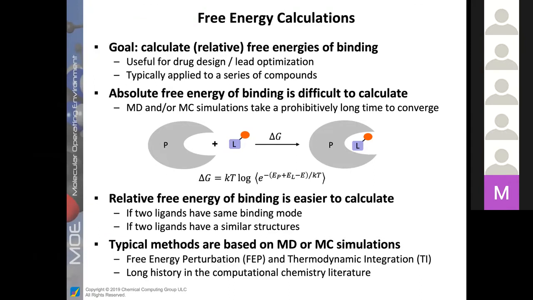Absolute free energy of binding, we heard that multiple times today, we cannot achieve other than going to the D. Shaw Research Group, I guess. But the relative free energy of binding is much easier to calculate if the ligand binding mode is similar, and if the ligands have a somewhat similar substructure, but we will get to that a little bit later on in the talk.